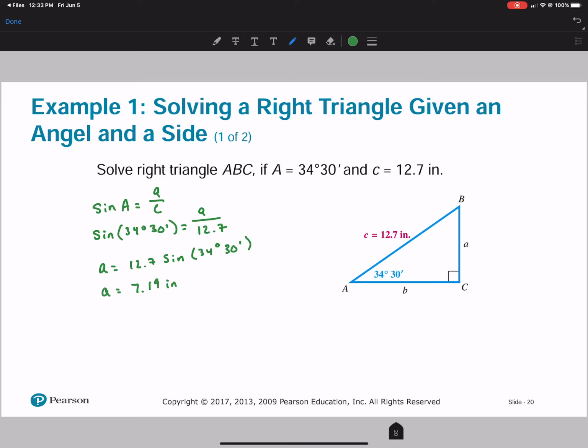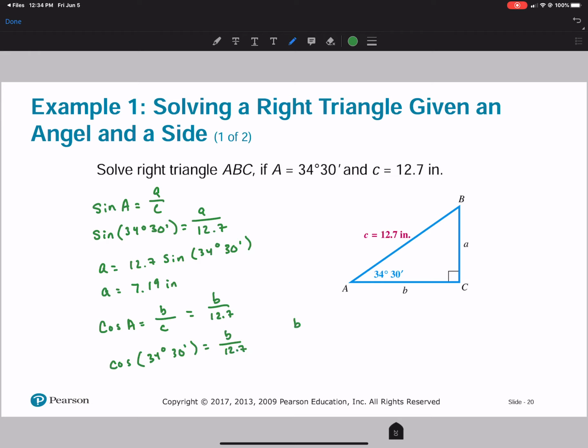In the same way, we use the cosine of A, which is equal to b over c, that is, b over 12.7. So the cosine of 34 degrees 30 minutes is equal to b over 12.7.